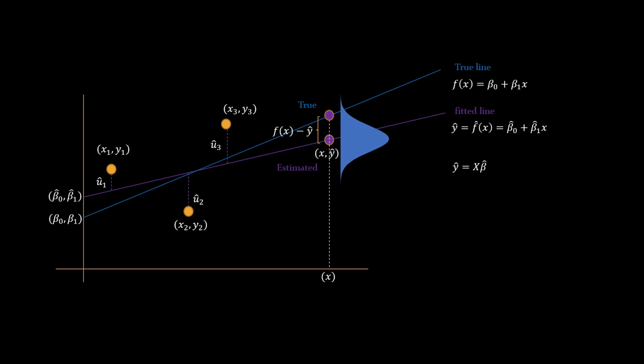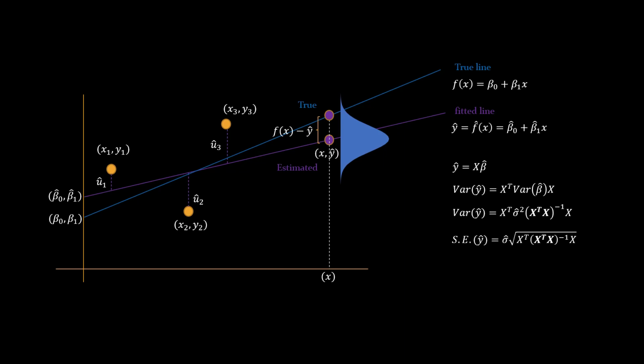So y hat is x times beta hat. Then we take variance. Notice that x here is actually fixed. We are talking about the fixed sample. The randomness is coming from the uncertainty in the parameter estimate, beta hat.